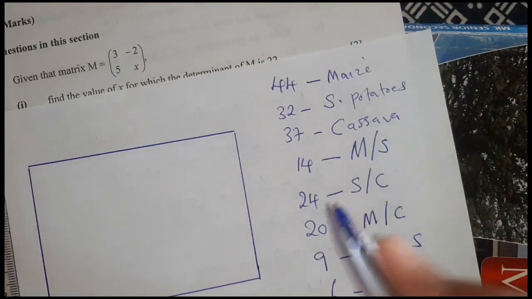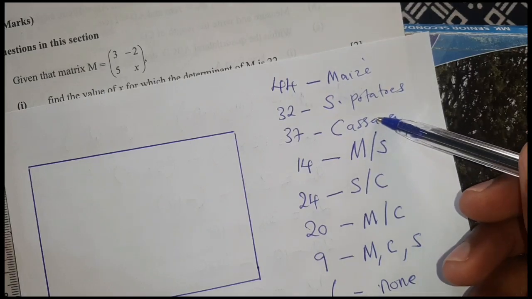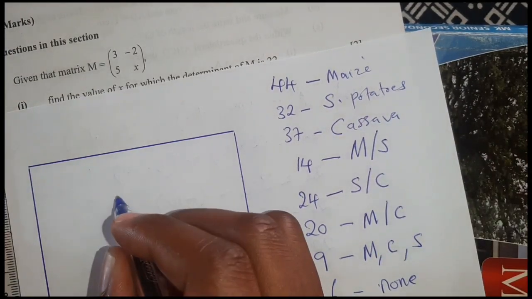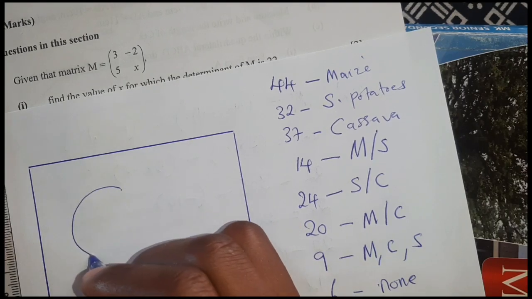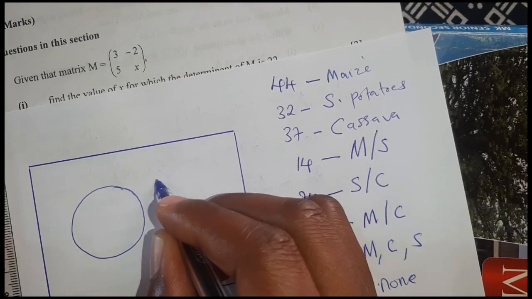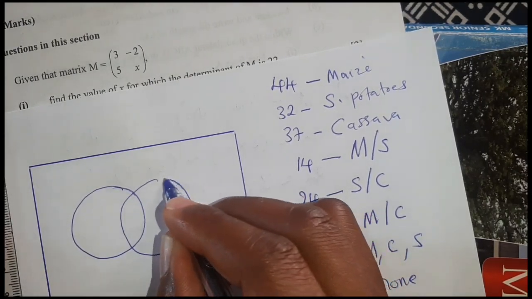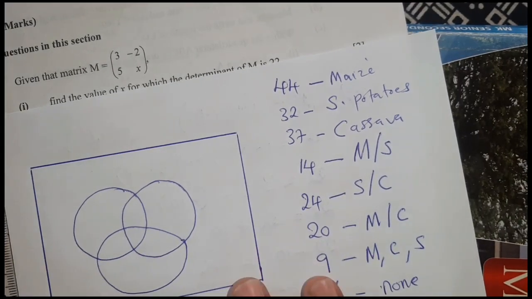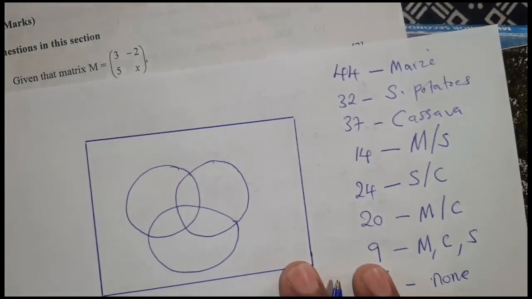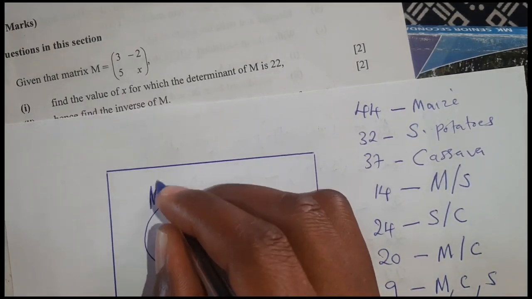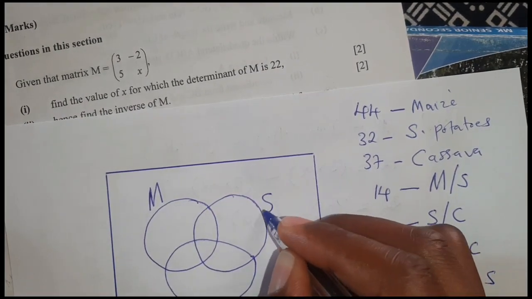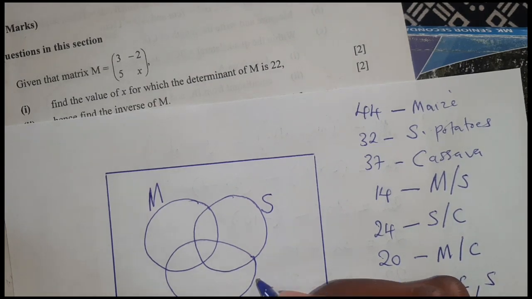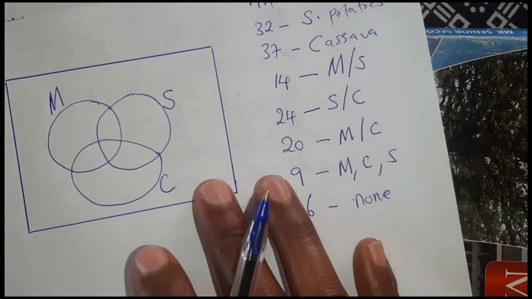And then we are going to have 3 sets because we are representing maize, sweet potatoes, and cassava. So these sets are intersecting. All right. So the first set is for maize, the second set is for sweet potatoes, and then the last set is for cassava.